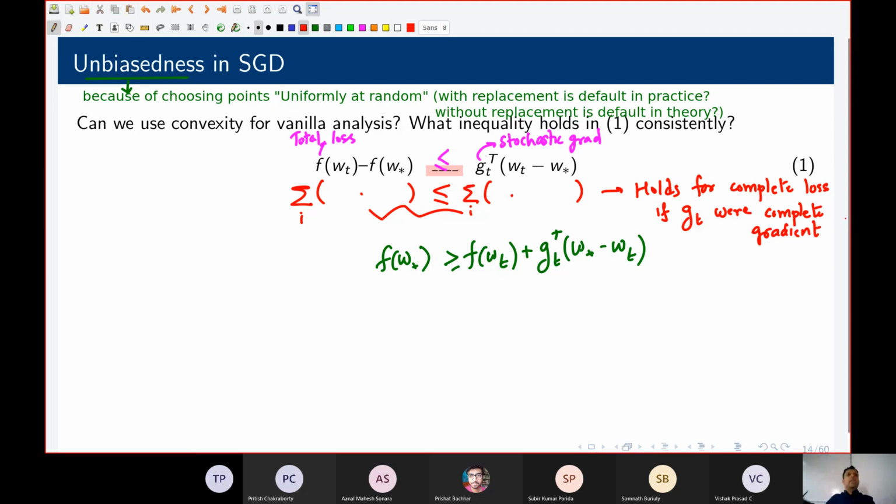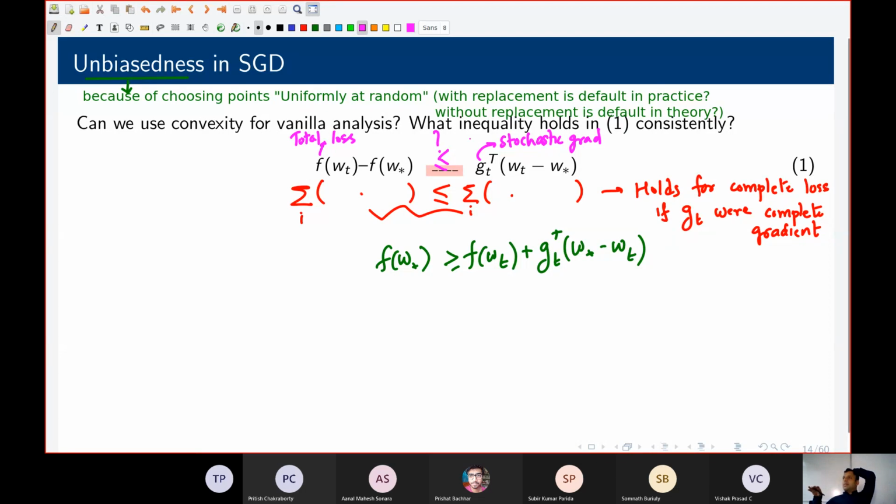Correct? But GT is not the complete gradient. So therefore I have a question. Now will it hold?